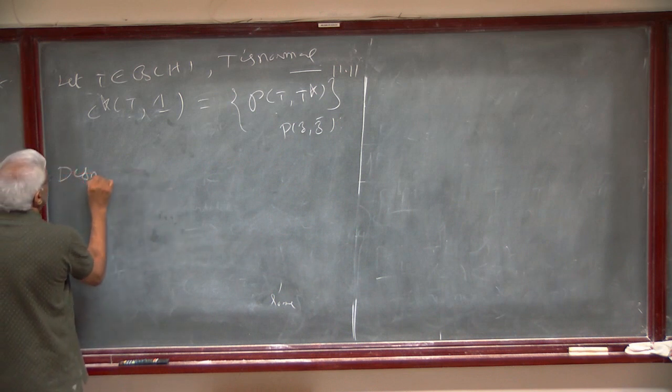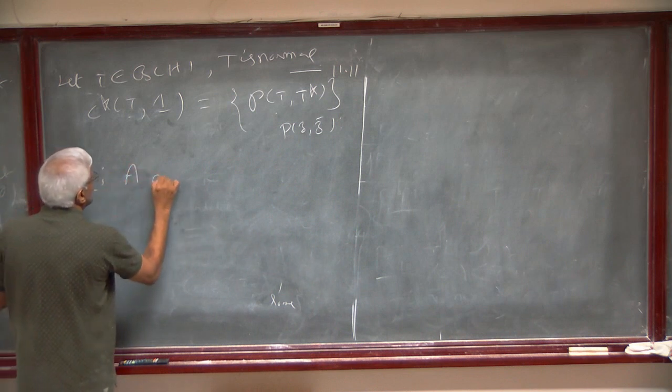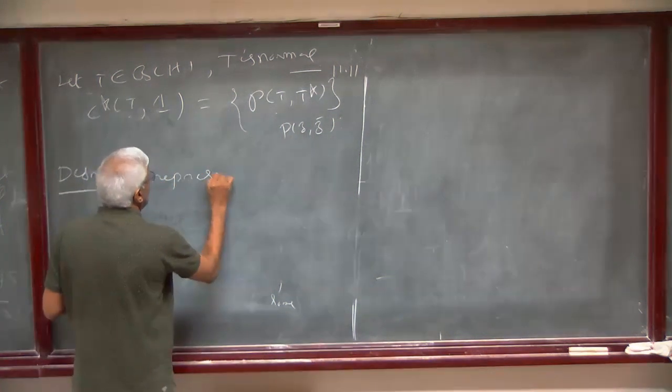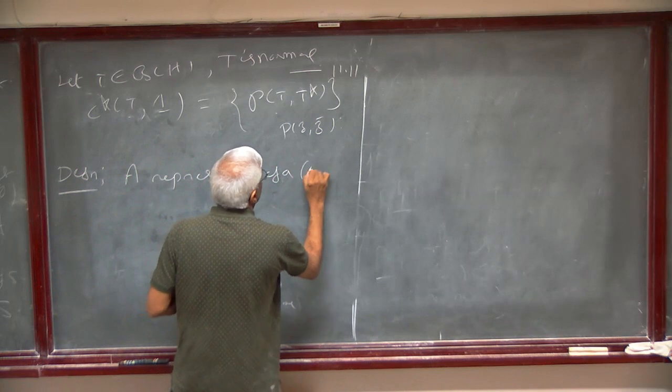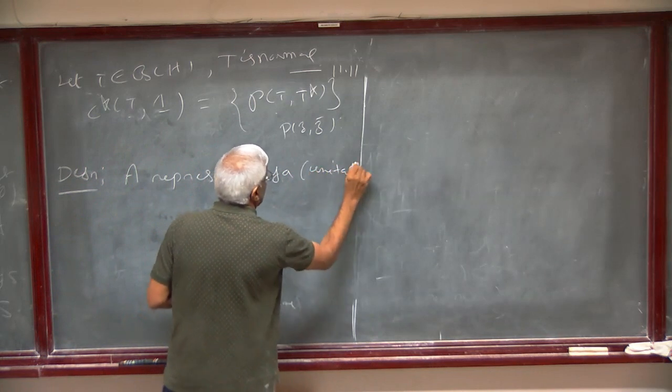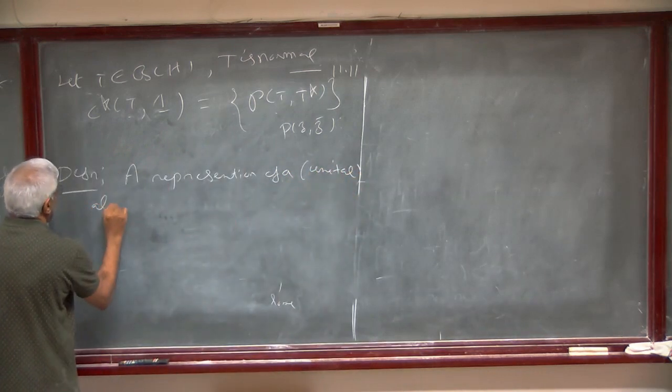Now make the definition. A representation of a C-star algebra. Of course, we use only unital C-star algebra. Okay, I will not say it again and again.